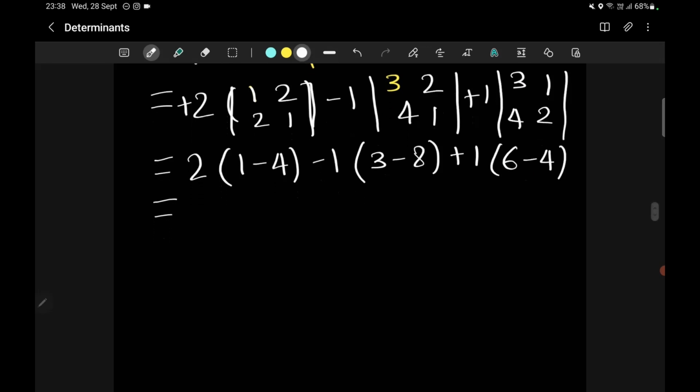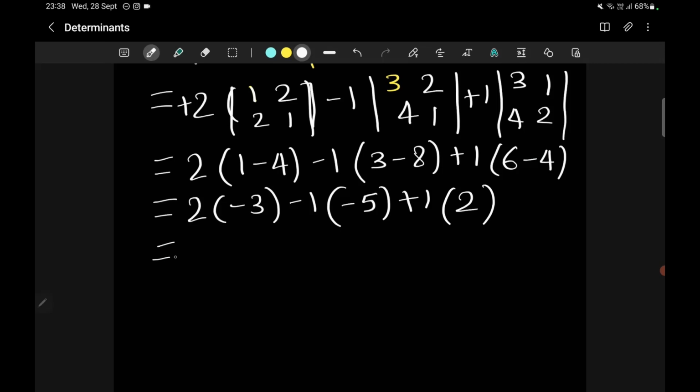Then again we have to simplify this. 2 remains as it is inside the bracket. 1 minus 4 is minus 3. Then minus 1. 3 minus 8 is minus 5. Then plus 1. 6 minus 4 is 2. 2 into minus 3 is minus 6.